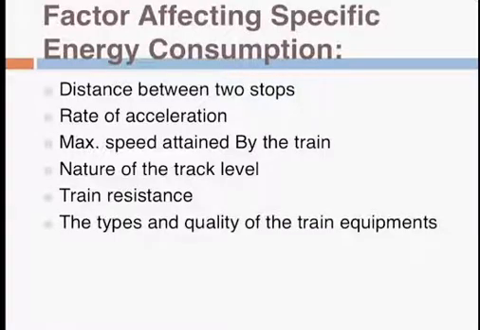Now energy consumption in propelling the train is required for, first of all, having the linear and angular acceleration. Secondly, working against gravity while moving up the gradient. Thirdly, working against the resistance of motion. Fourthly, overcoming the losses due to gearing system.